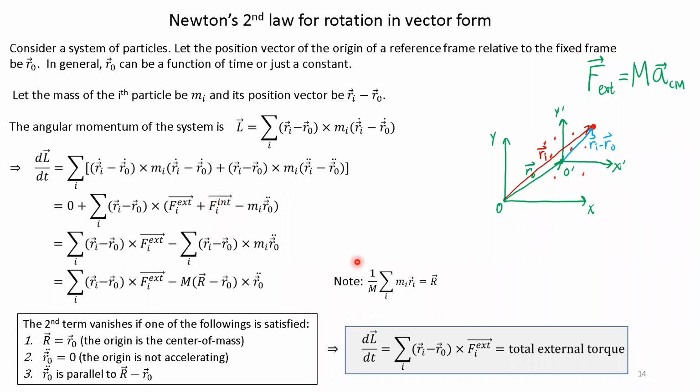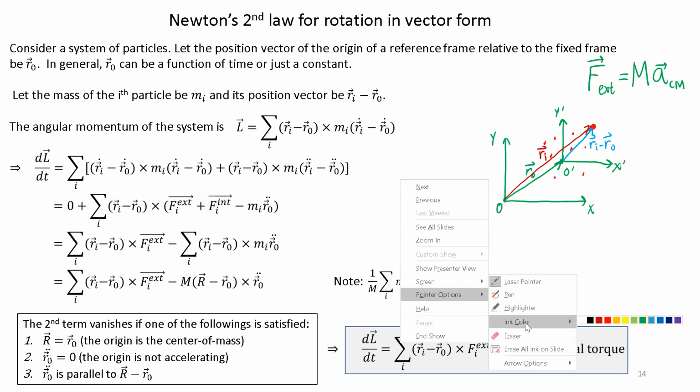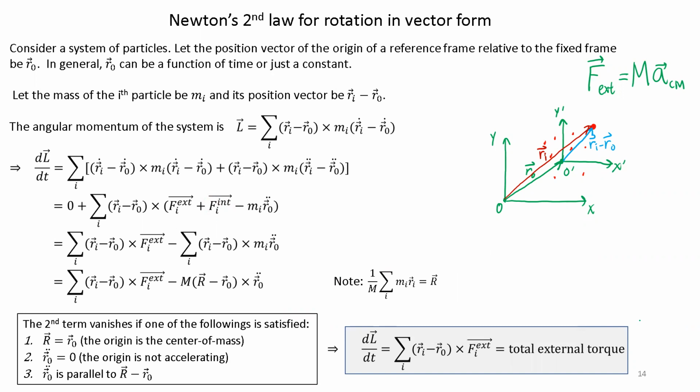So you might need a minute to actually think about that carefully. If I just tell you that the sum of F internal is 0, you don't have any problem with this, right? This is something you have seen.